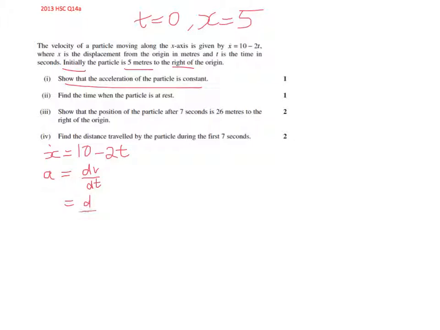And then you want to differentiate what the velocity is. It's pretty obvious, isn't it, that when you differentiate that you get negative 2, which is a constant. So putting in those other lines just shows the marker that you know what you're doing. So that's 1 mark there for part A, part 1.